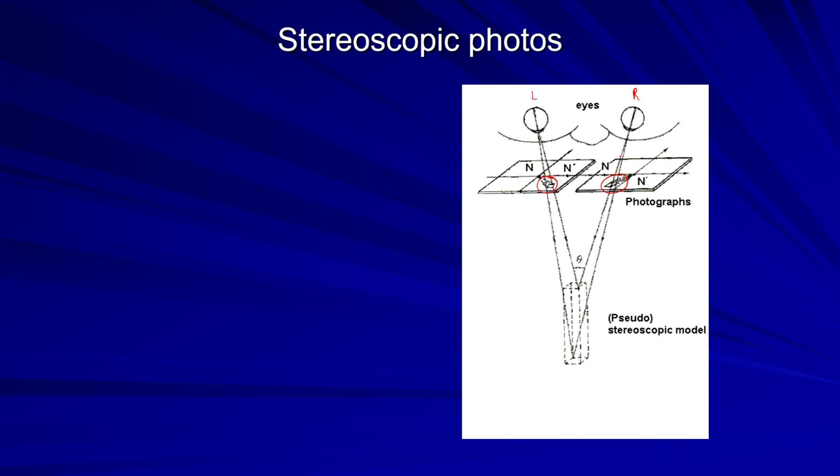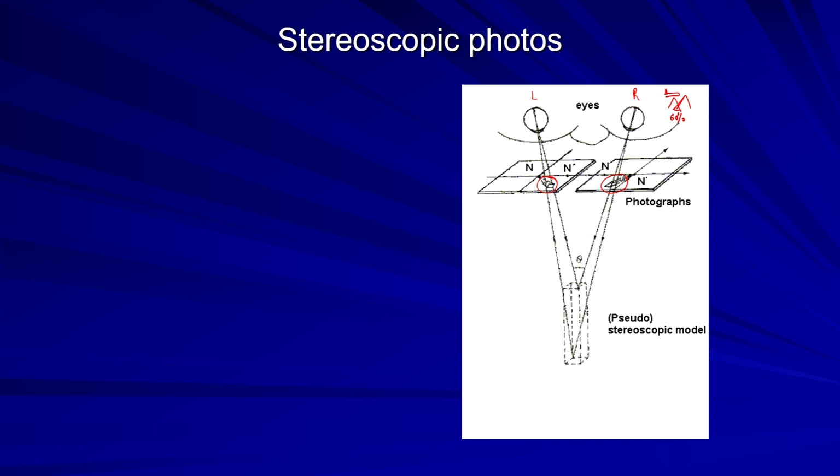As we discussed in the last lecture, when you are having the flight, you have about 60% of overlap over here. So, this should be your 60% of overlap, and that will give you an advantage to view the terrain in 3 dimensions.